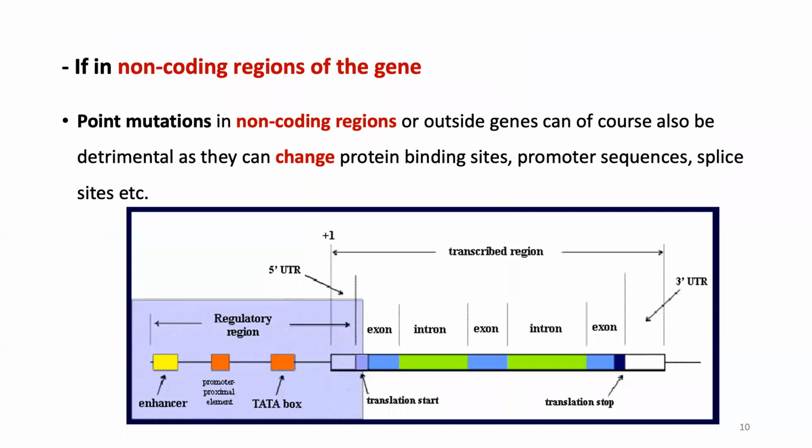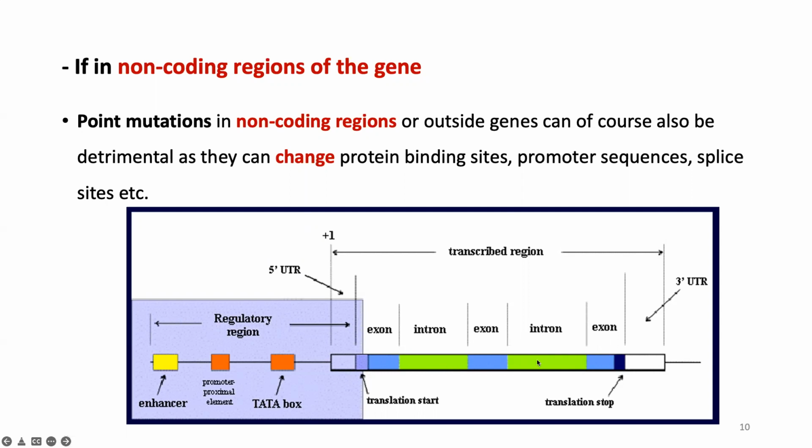Okay, so now we have covered the mutation in the coding region. But what if we have a point mutation in the non-coding region? Because we know that a gene unit is not only the coding region. Rather, we have other regions called regulatory regions and other non-coding regions after the stop codon, right? Even here, introns are considered non-coding regions within the exons.